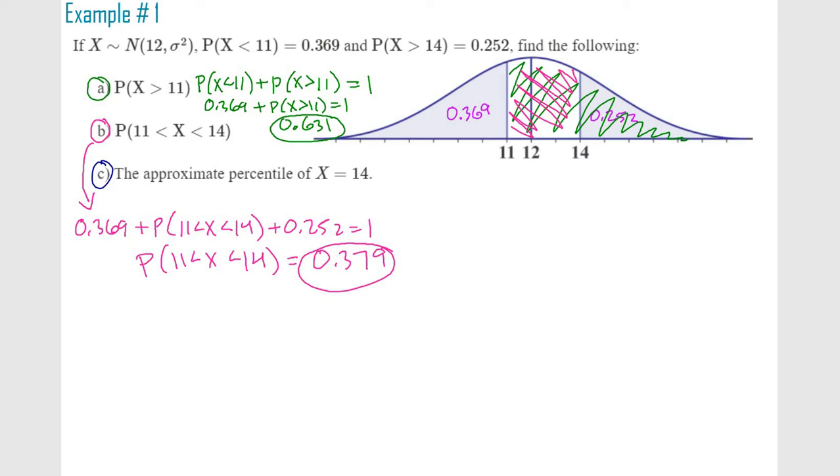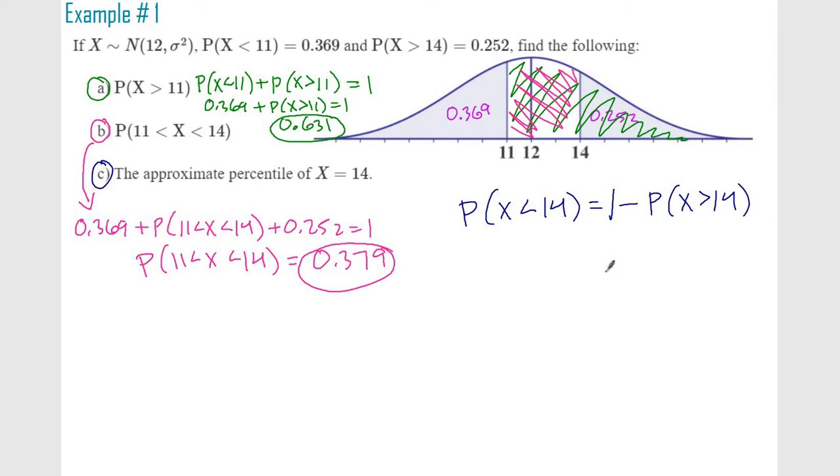Like if you were ranked in the 70th percentile, that means you did better than 70% of the people who participated. So if we want the percentile of x equals 14, we want the probability of x being less than 14. Well, we know the probability of it being greater than 14, so we just need to do 1 minus that.